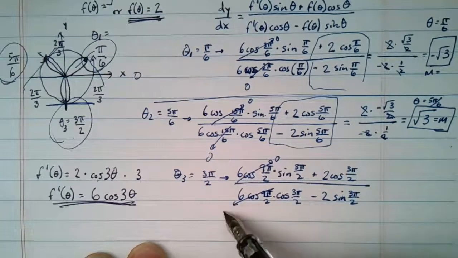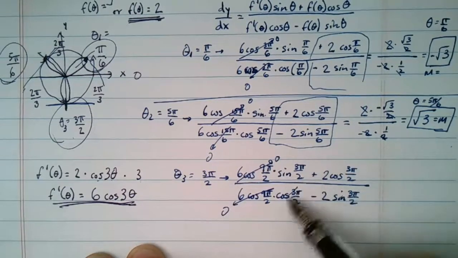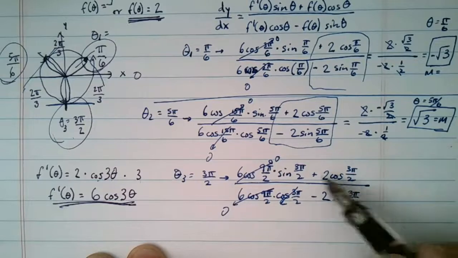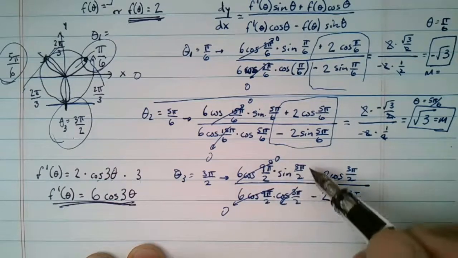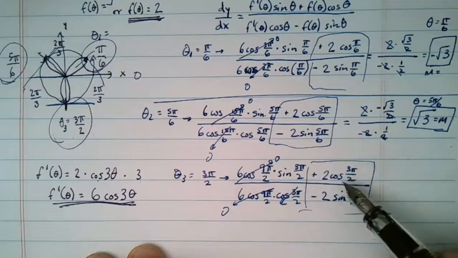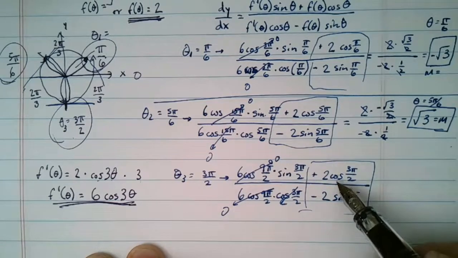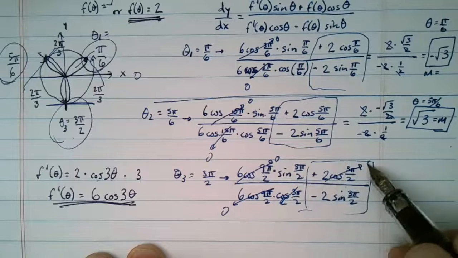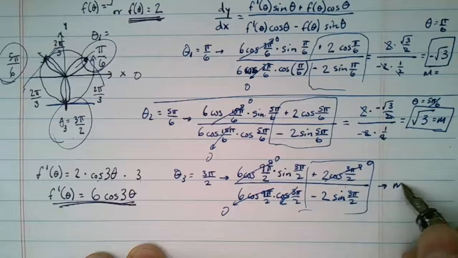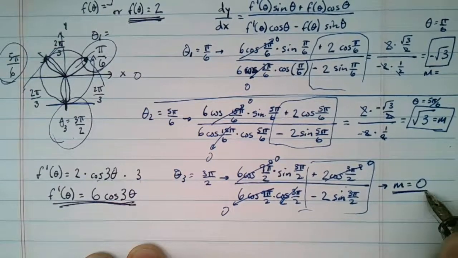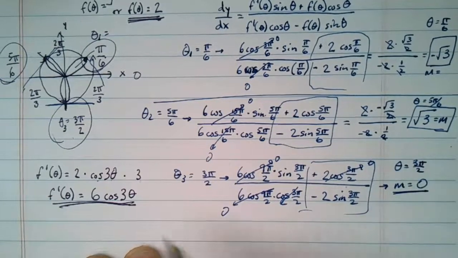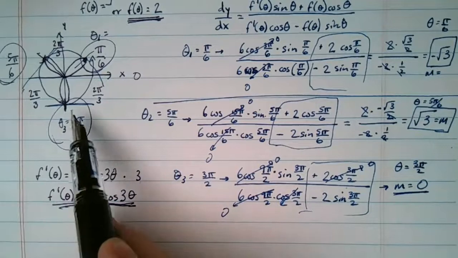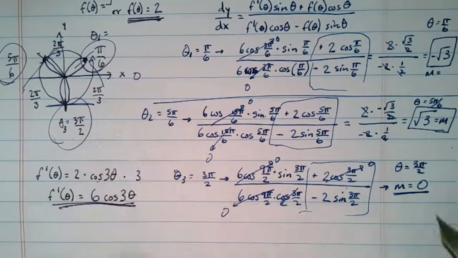That is 0. And actually that one's 0 too. And so again, this whole quantity here becomes 0. We're left with just this piece here, except this time cosine of 3 pi by 2 is also 0. So what do we get? We get m equals 0 when theta is equal to 3 pi by 2. Well, we already said that actually makes sense. That should be a horizontal tangent line.